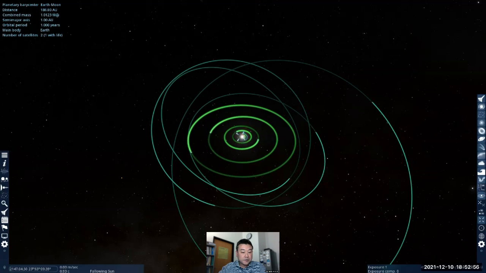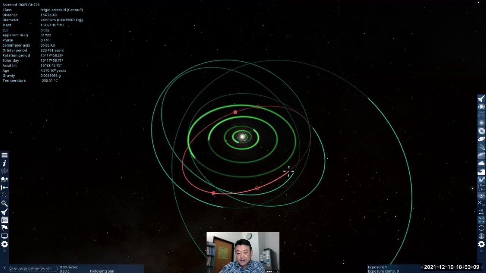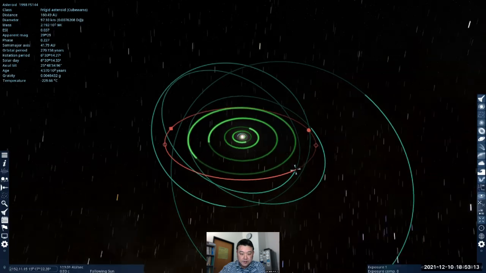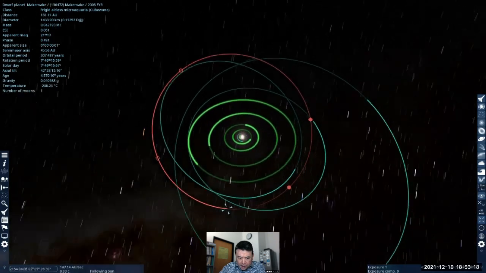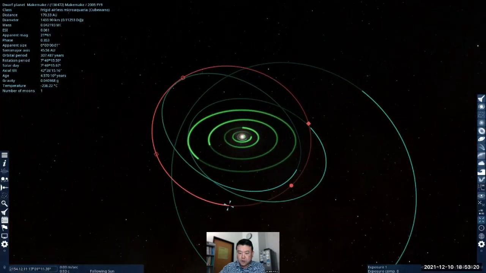So all these bright green orbits of the major planets show neighborhoods that have been cleaned out by the major planet. These minor planets are big enough in their own orbits, but as you look at it, there's quite a bit of overlap between the orbits of these different bodies: Pluto, Eris, and all these other dwarf planets.